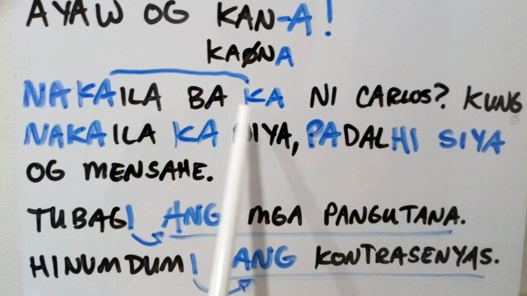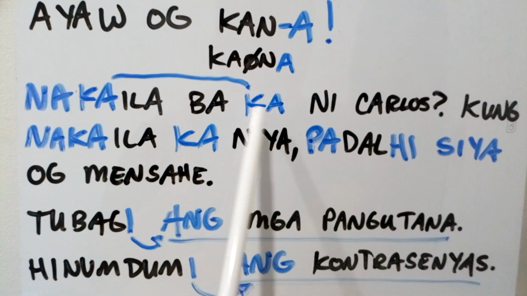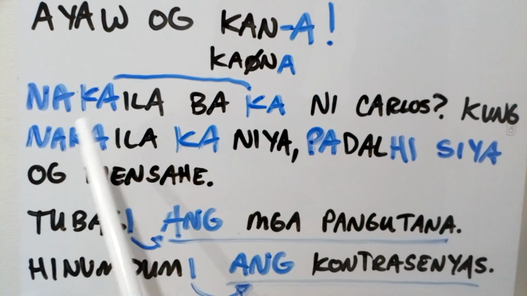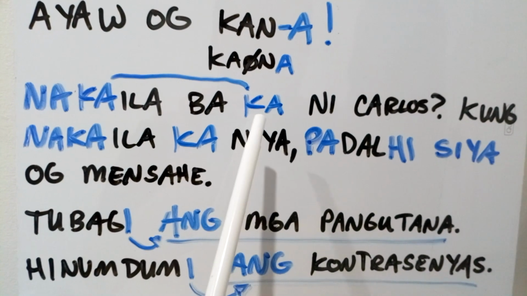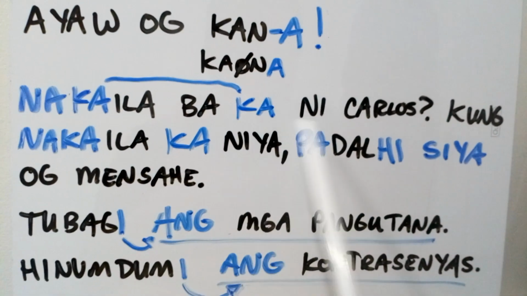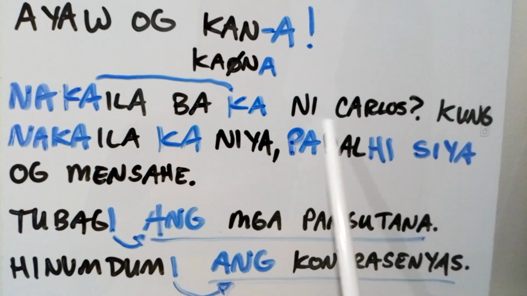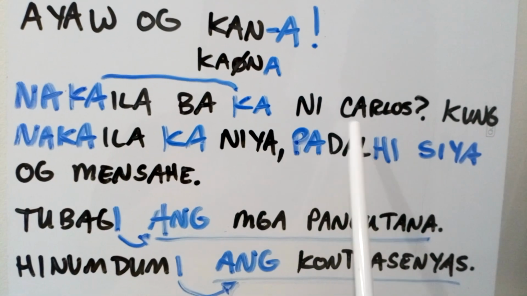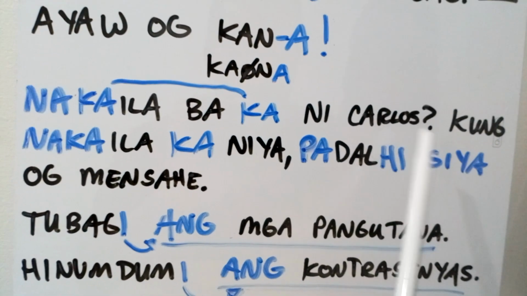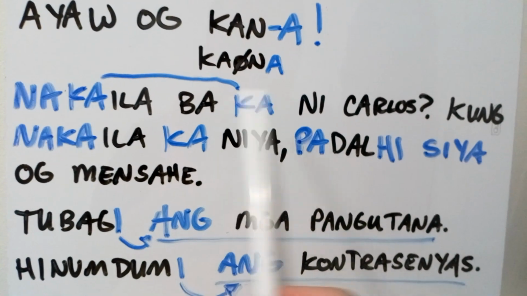The focus is on you, the actor, the doer of the sentence. Whereas ni Carlos is the patient, or the thing that's being acted upon, I guess. Yeah, it's weird to think of it that way, but it works.